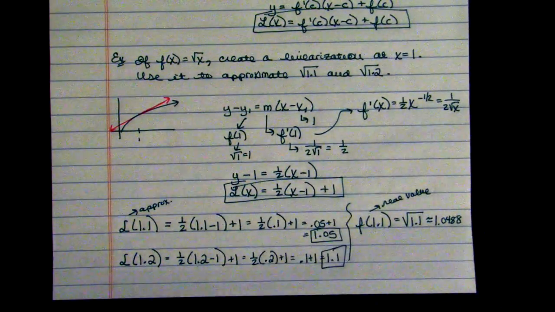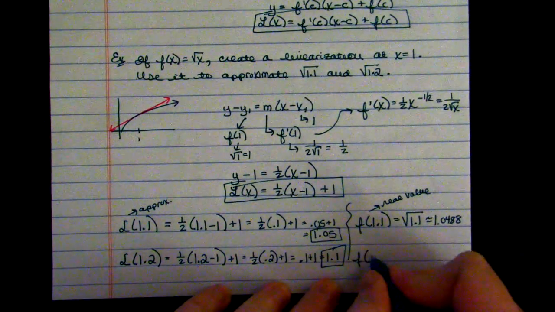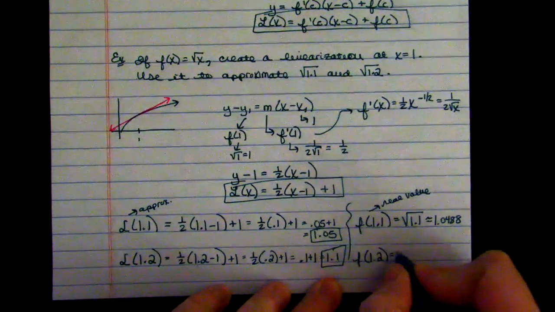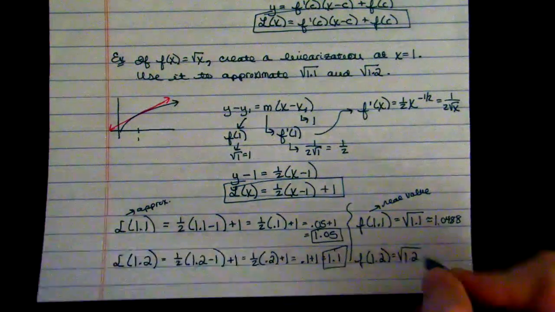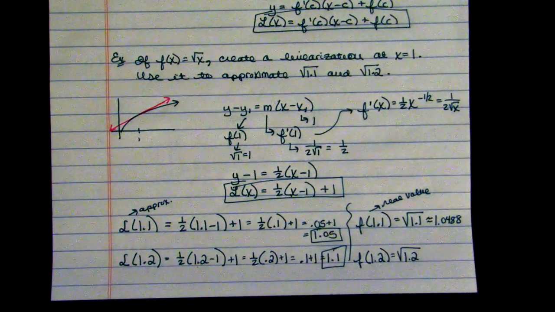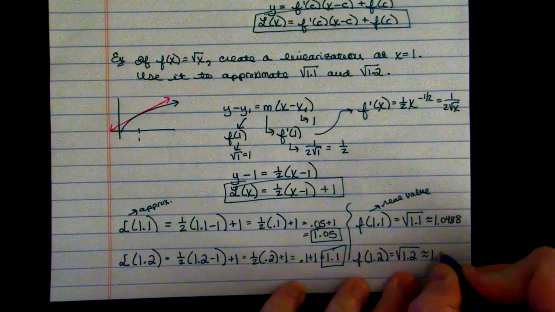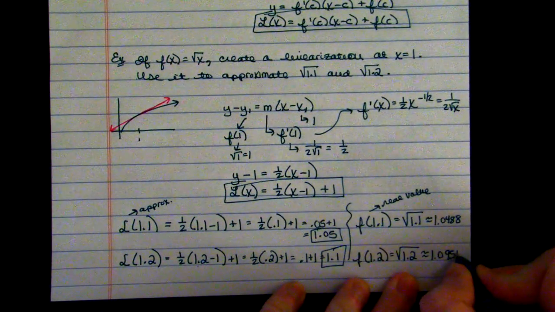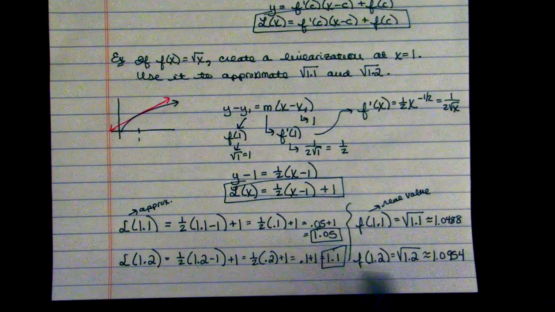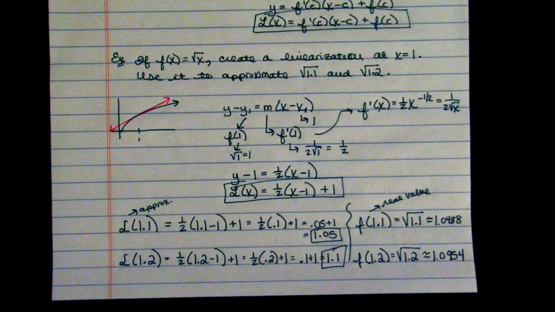That's my approximation. To find the actual value, I'll plug 1.2 into my original function, which is just the square root of 1.2. Go into the calculator, that's about 1.0954. Yeah, that's still a pretty good approximation.